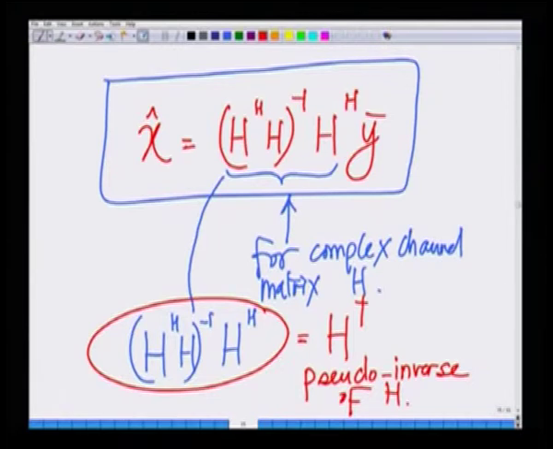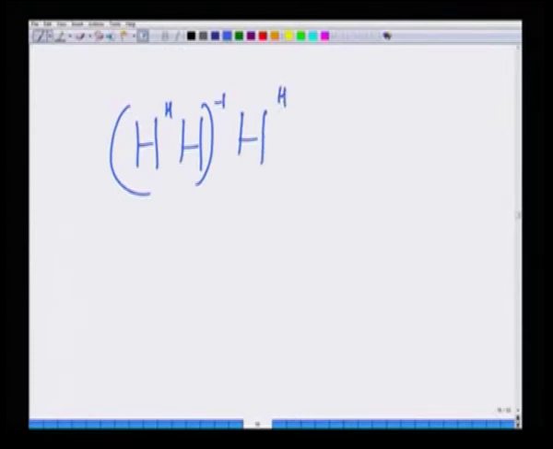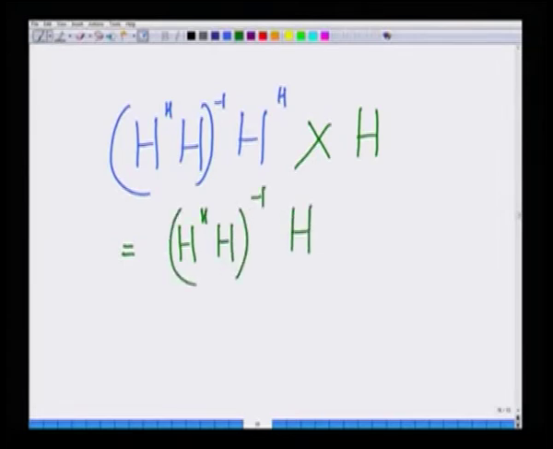Why is this the pseudo inverse of H? For that, let us take this matrix H Hermitian H inverse H Hermitian, and let us multiply this by H. Then this is nothing but H Hermitian H inverse into H Hermitian H, which is nothing but identity.